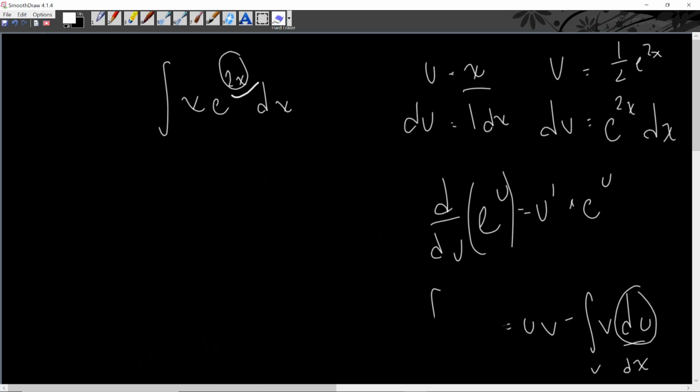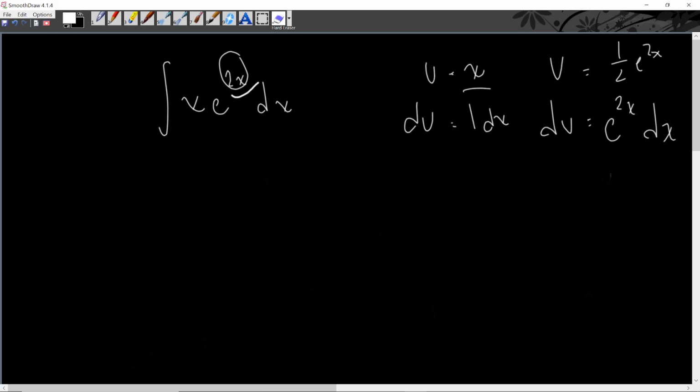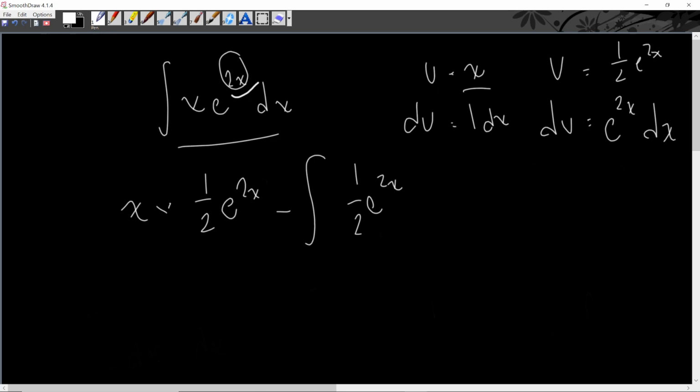And then from here, let's just plug everything into our expression. This is u dv, so we're going to have uv, so x times 1/2 e to the 2x minus the integral of v with respect to u. So that's going to be 1/2 e to the power of 2x dx.